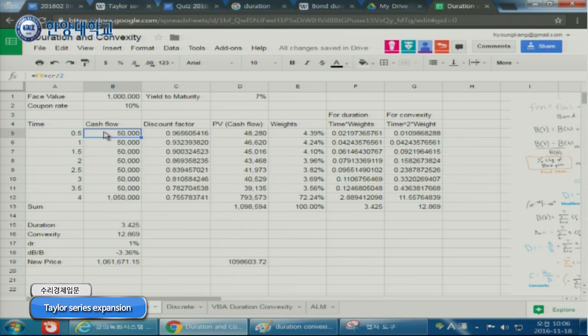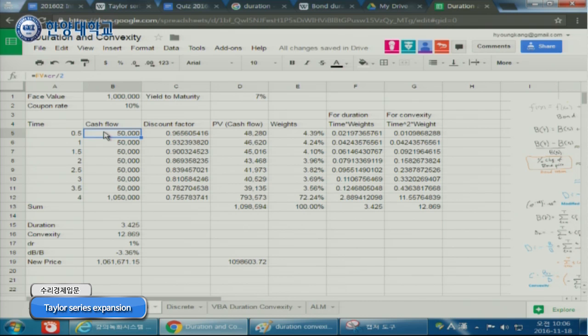So 6 months later, again, I pay 50,000 won. So per year, I pay 100,000 won, which is 10% of the million won. So that's a coupon. For the next 4 years, I pay 5% every 6 months.